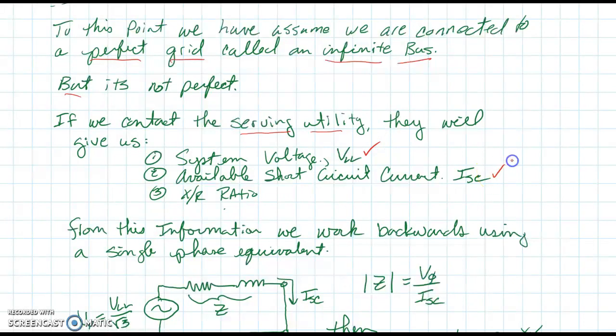They'll give you the available short circuit current, and they'll give you a strange thing, the X over R ratio. If you think about it, impedance makes a triangle, and so what they're actually giving you is the tangent of theta when they give you that X over R ratio. So let's work through an example here.